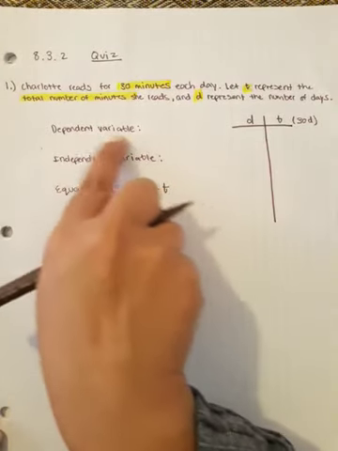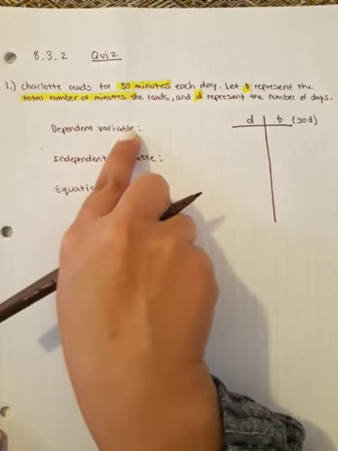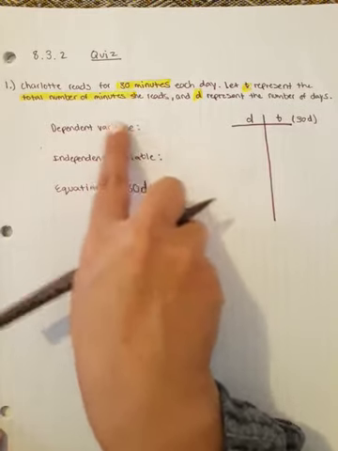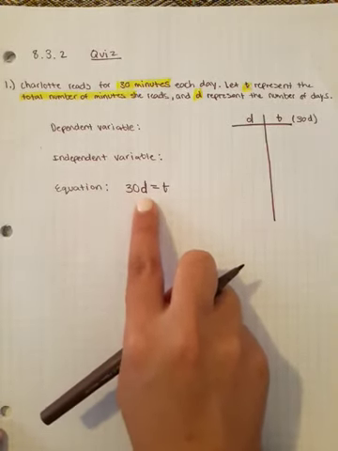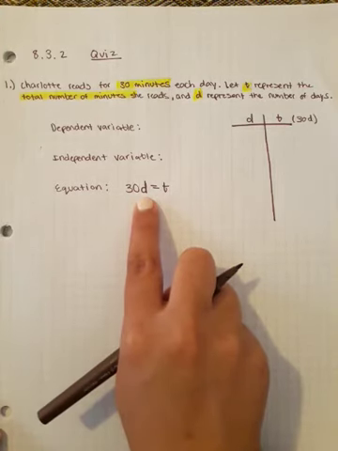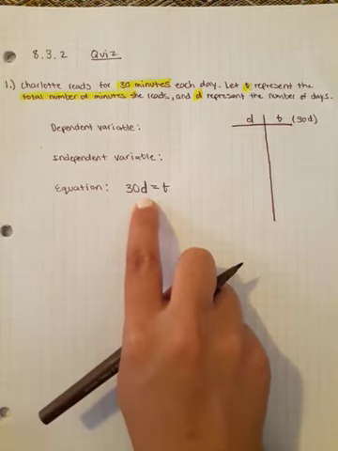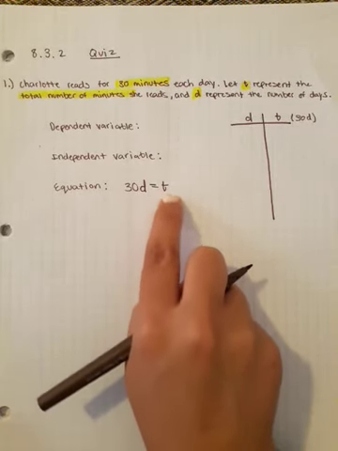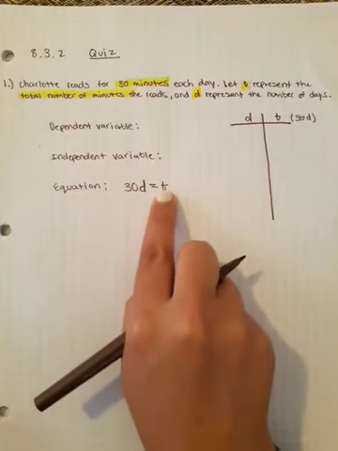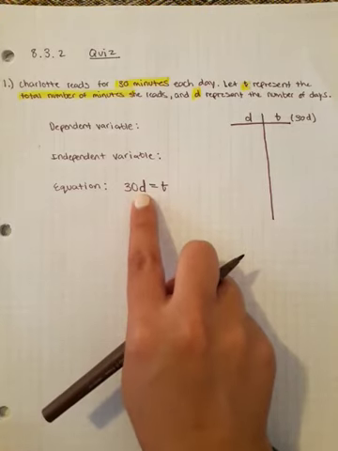Dependent variable, this variable or this letter depends on something. So looking at this, I'm thinking D. She can read 1 day, 2 days, 3 days. It can be any number. That doesn't depend on anything. However, T, our answer, the total amount of minutes, depends on how many days she reads.